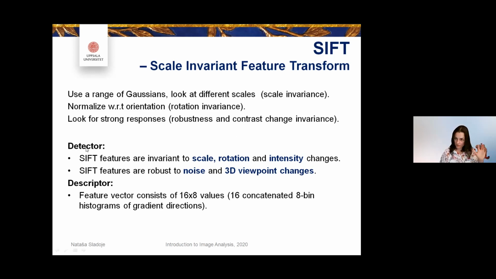So, as mentioned, SIFT is both feature detector and feature descriptor, and we will comment a bit on what is included in each of these parts of the algorithm. So, as detector, SIFT detects features which are invariant to scale, rotation, and intensity changes, and are robust to noise and 3D viewpoint changes.